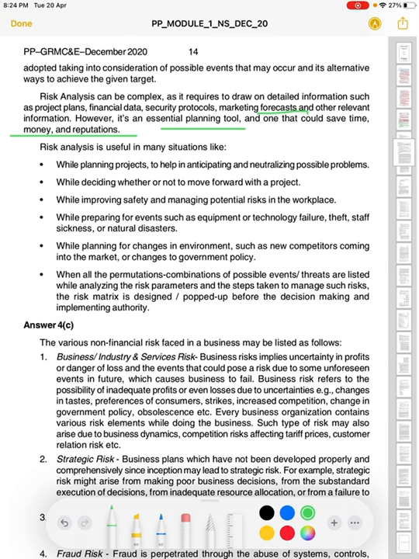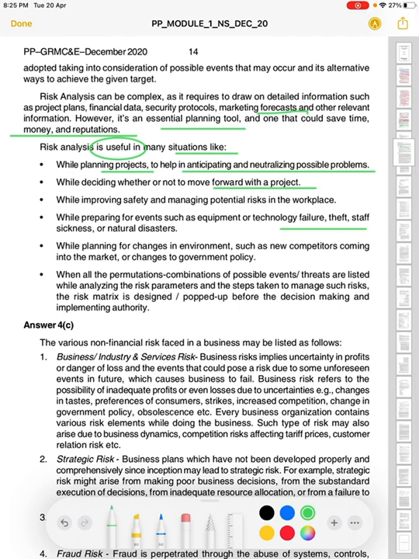So risk analysis is useful in many situations, like while planning projects, to help anticipate and neutralize possible problems, while deciding whether or not to move forward with a project, while improving safety and managing potential risk in the workplace, and while preparing for events such as equipment or technology failure, theft, staff sickness or natural disaster. We need to consider all such points.